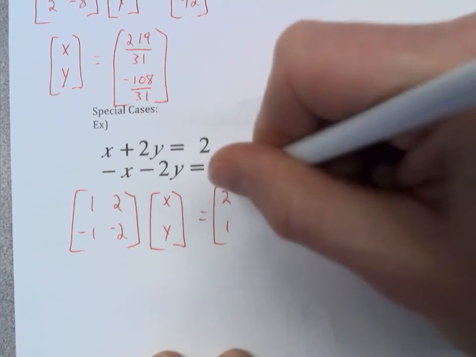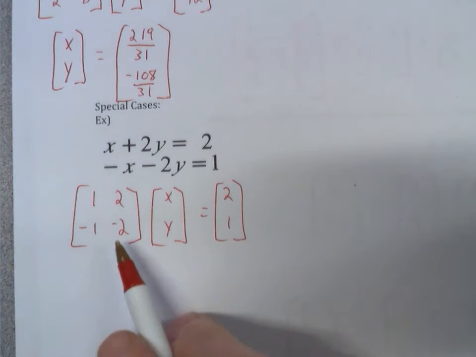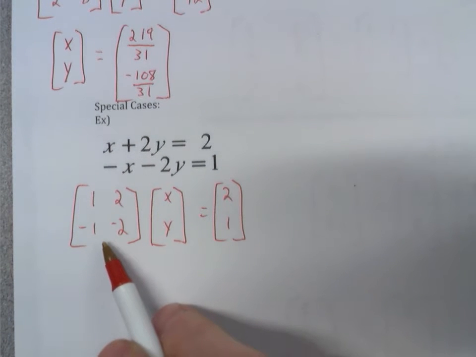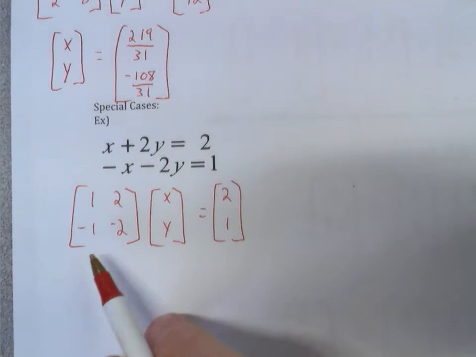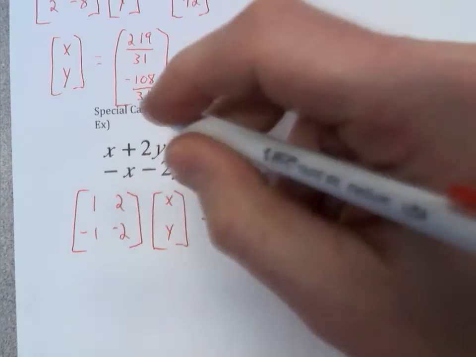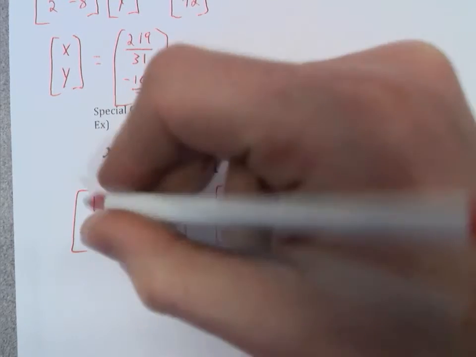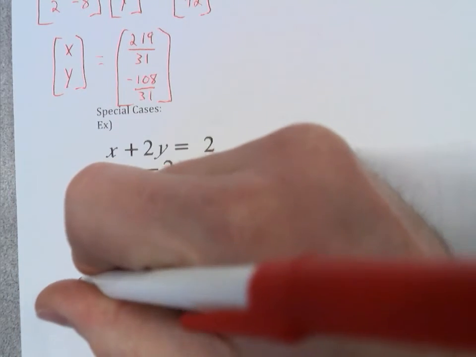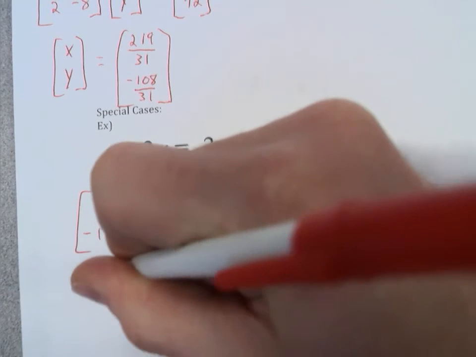Now, if you input this into the calculator and try to find its inverse, you'll find that it gives you an error message. There's no answer. And the reason for that is, if we're trying to find the determinant, remember the determinant we calculate by taking a times d minus b times c.